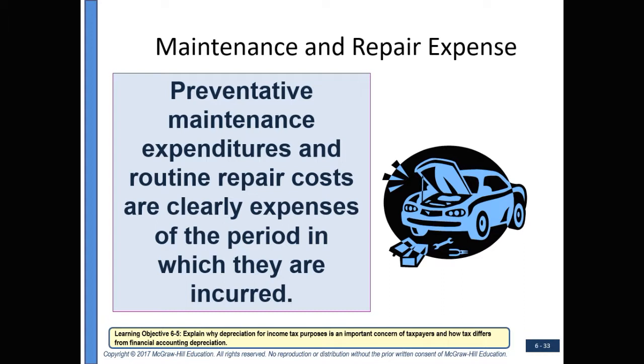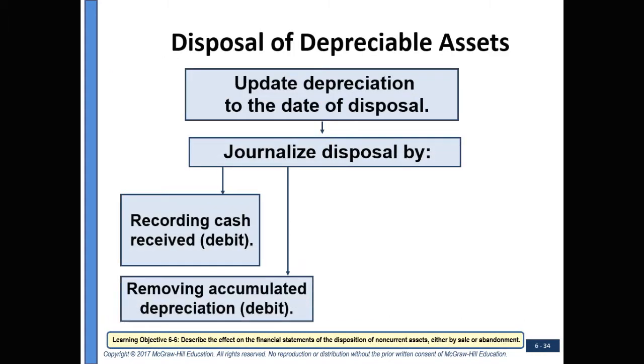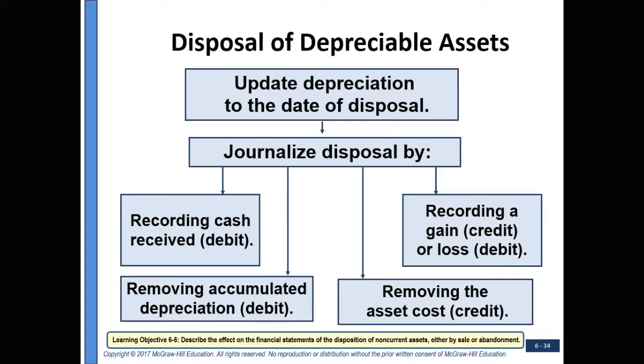Eventually, at some point, you're going to have to dispose of a depreciable asset. When depreciable assets are sold, we update the depreciation in the books to the date of disposal, and we journalize the disposal. We debit cash for the sales price. We debit accumulated depreciation to remove the balance that has been depreciated from the accounting records. We credit the asset's cost account to remove the asset from the accounting records.